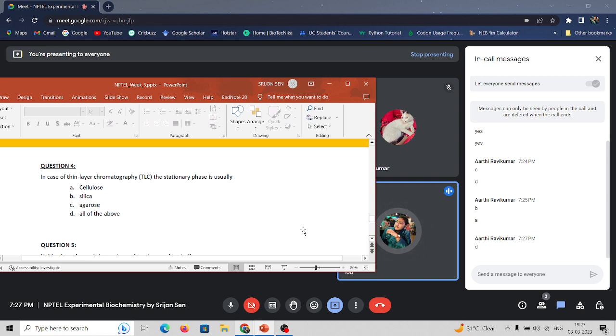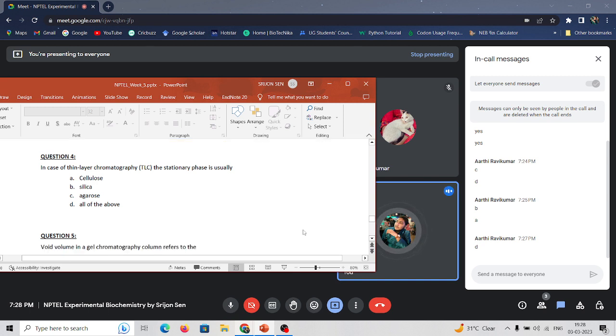Thin layer chromatography is actually made on a slide, where you have to make the stationary phase. This stationary phase is made up of silica. So silica will be the stationary phase in the case of thin layer chromatography. So D is not the right option, B is the right option.